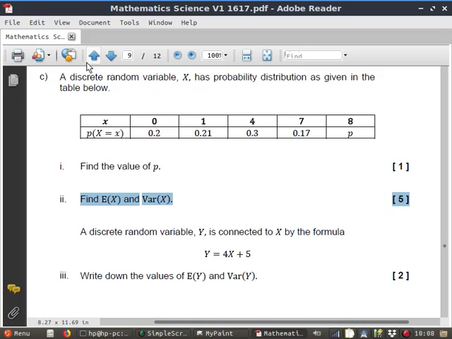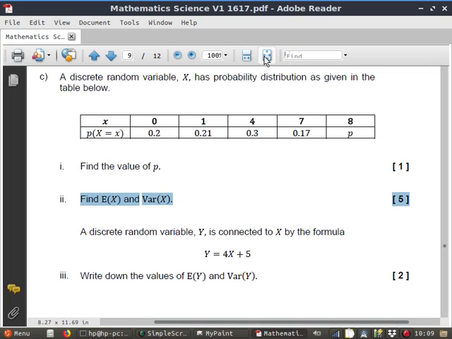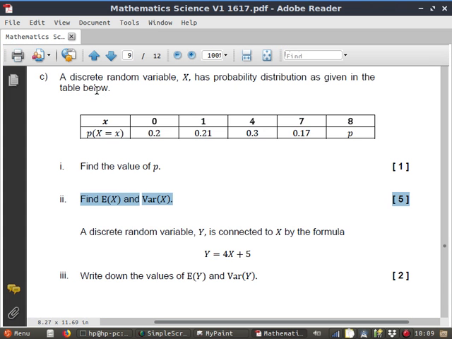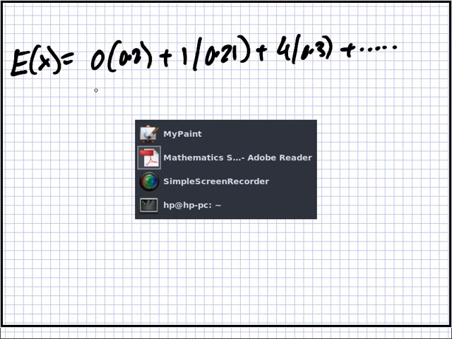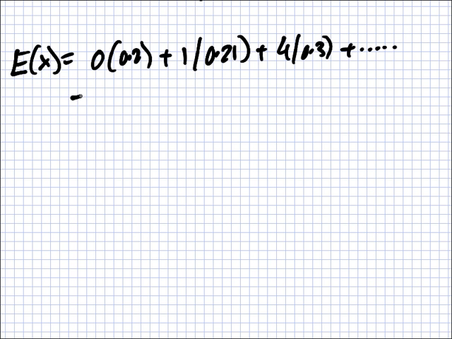The expected value of X would be 0 times 0.2 plus 1 times 0.21 plus 4 times 0.3, and that continues for all 5 of them. So what did that work out in total as?